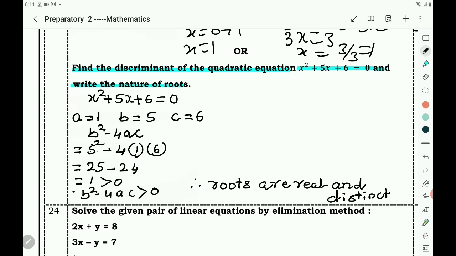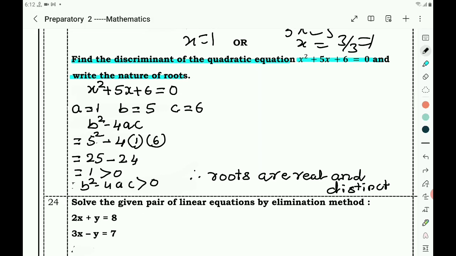Roots are real and they are different. Here you got positive, which is greater than 0. Therefore, what is the nature of the roots? Roots are real and distinct.